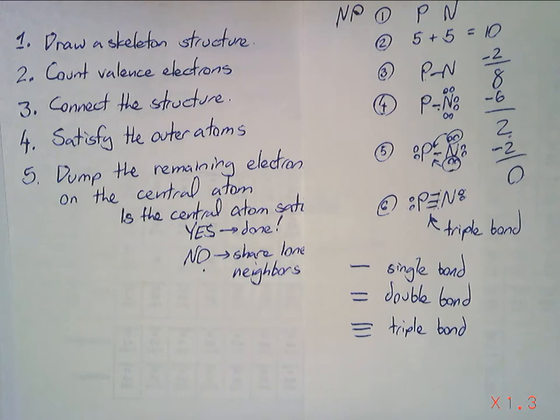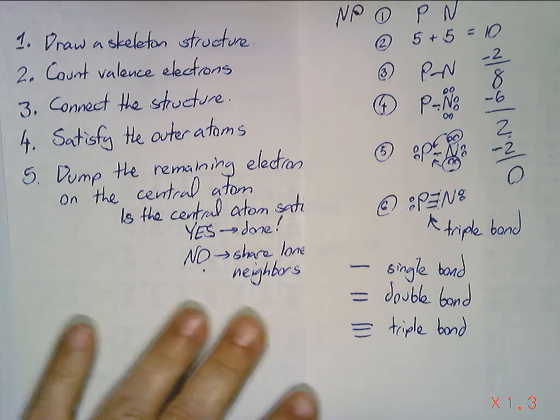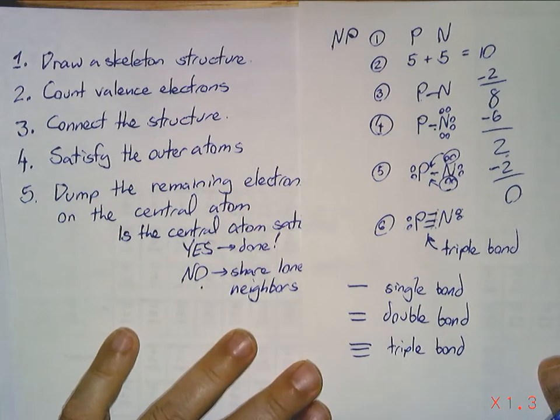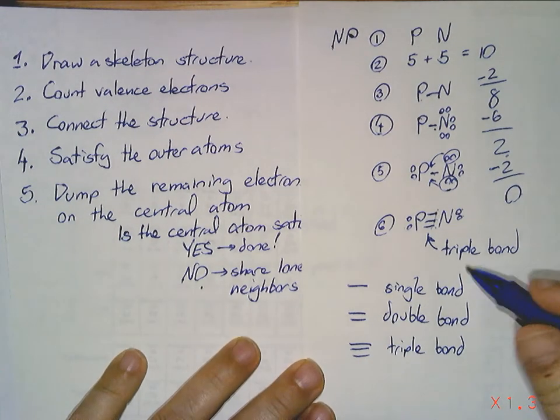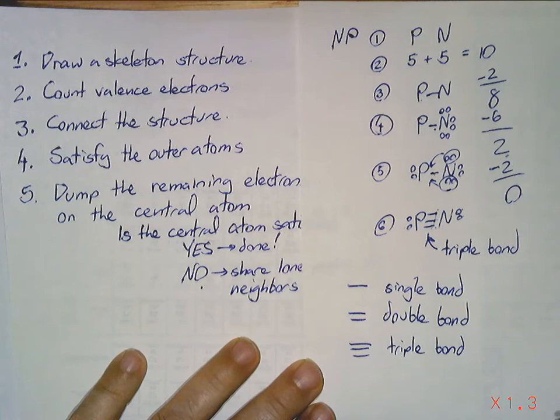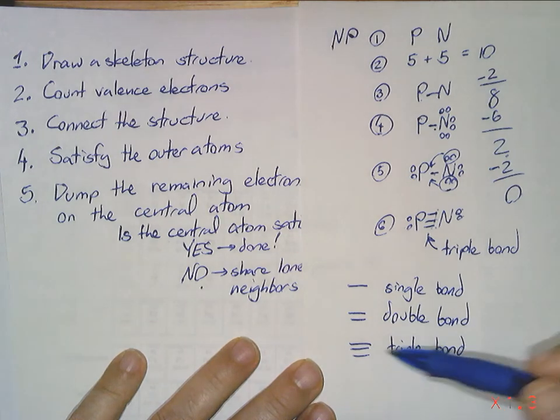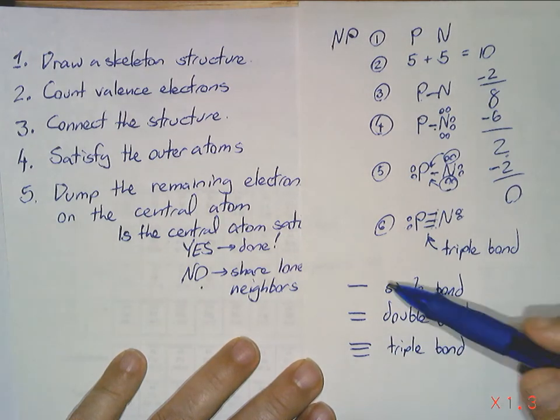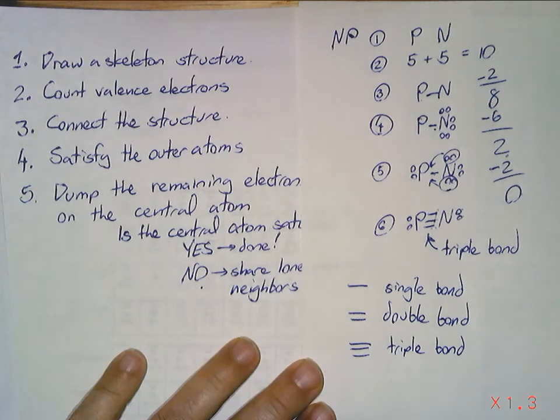But those are very rare, and we won't ever see them with the kind of S and P block elements that we're dealing with. But what's different about these bonds? Well, you would guess that a multiple bond would be stronger than a single bond. There's more electrons gluing the nuclei together, and that is true.